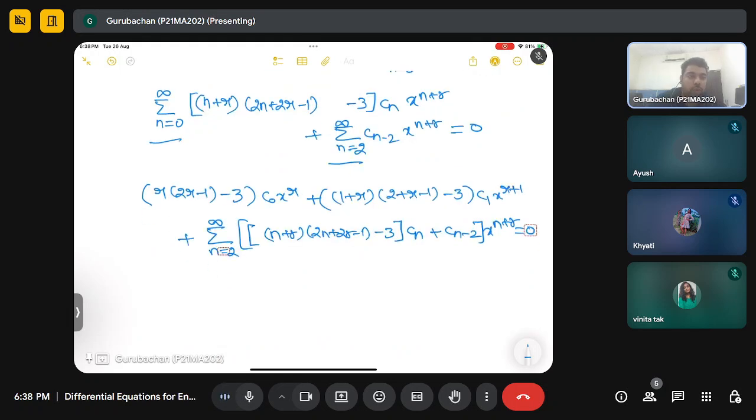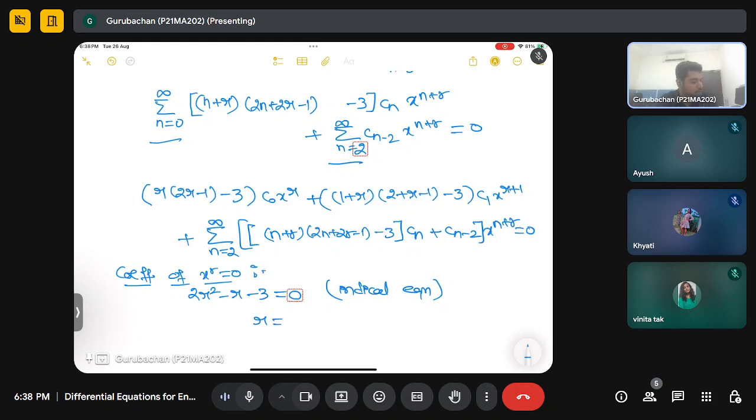From here, if you put the coefficient of x to the power r equal to 0, you will get the initial equation in the form 2r square minus r minus 3 equal to 0. This will be your initial equation. So this will give you r equal to 1 plus minus the square root of 1 plus 4 times 2 times 3, which is 24, divided by 4.